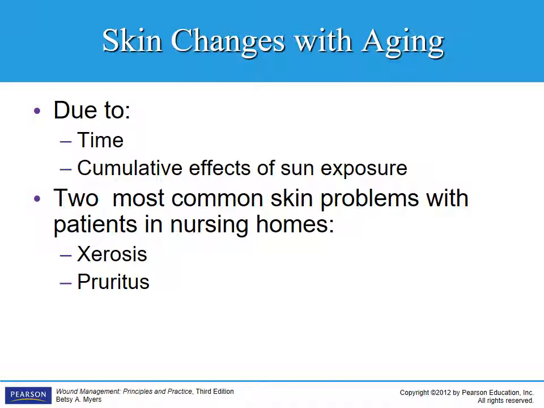There are many things that can also cause dehydration. We've talked about how elderly patients generally do not drink, at some level of dehydration, because of the fear of falling or just the movement to get up and go to the bathroom. They limit the amount of fluids they take in. So all that leads to dry skin and itching.